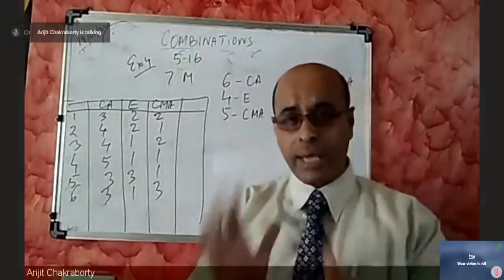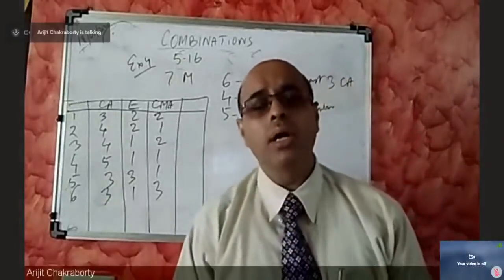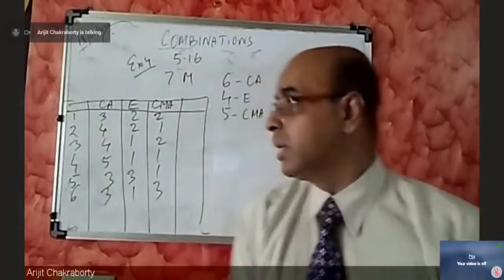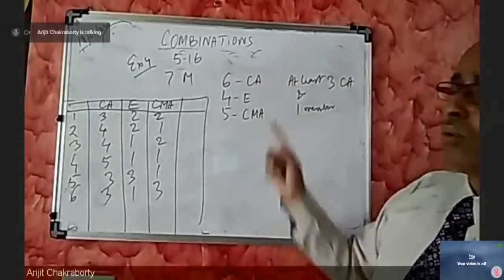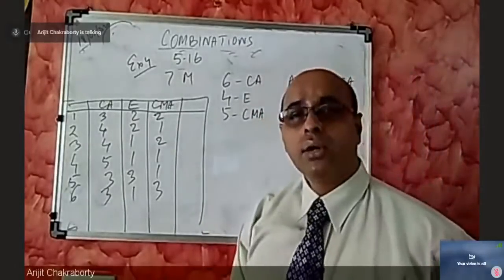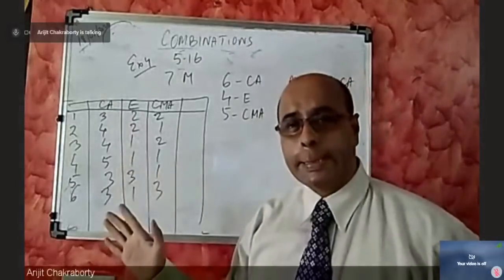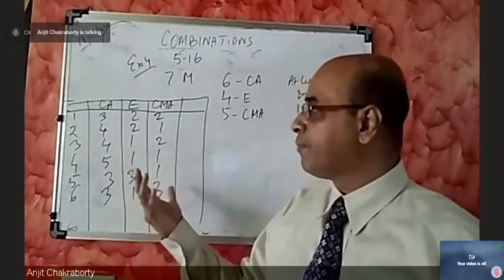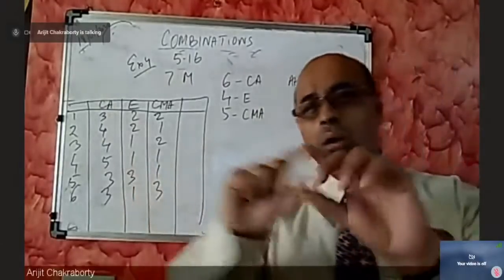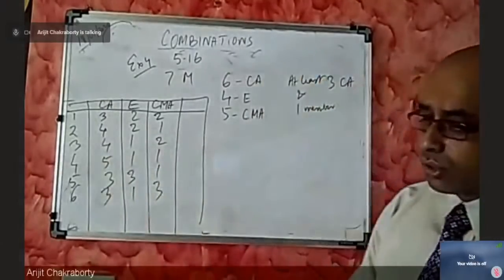If you want to form a committee of 7 members from 6 chartered accountants, 4 economists and 5 cost accountants, these are the 6 possible ways. Now, how do you calculate now? It's a long chain of calculation, but I'll show you the method.